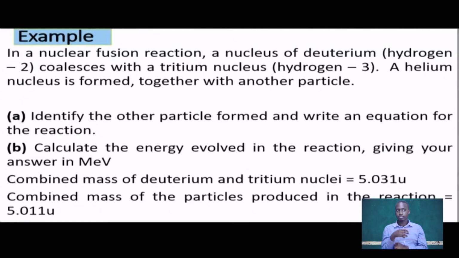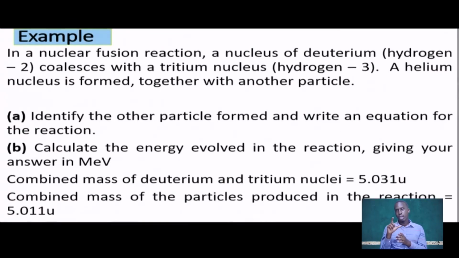A helium nucleus is formed together with another particle. Take this as something that can be asked of you, to identify the other particle formed and write an equation for the reaction.